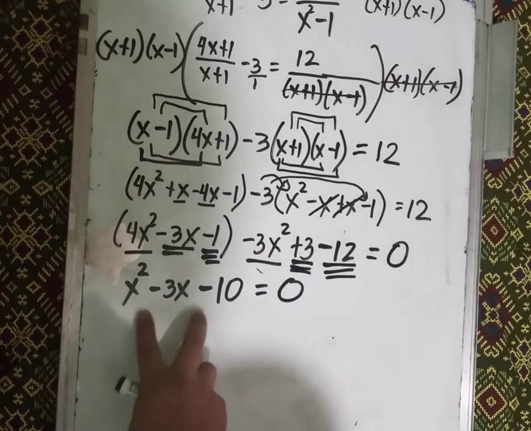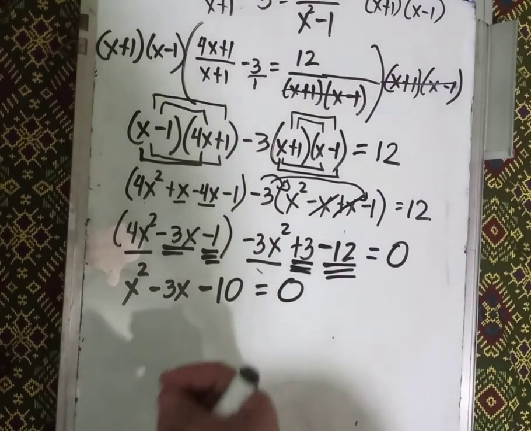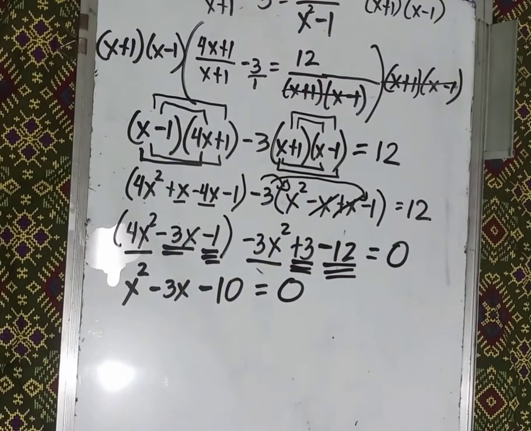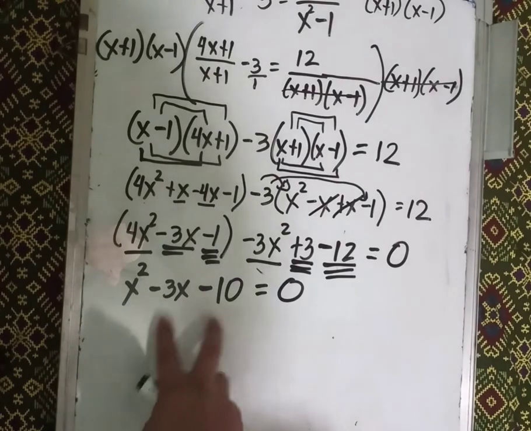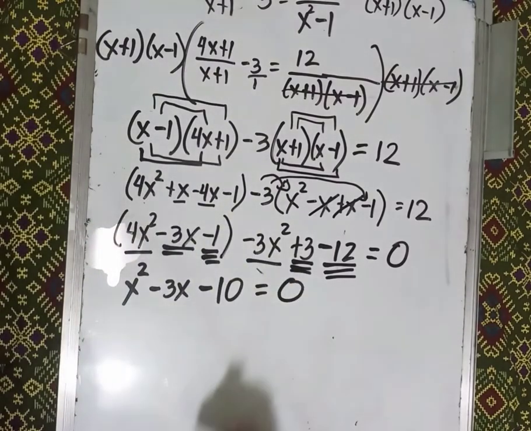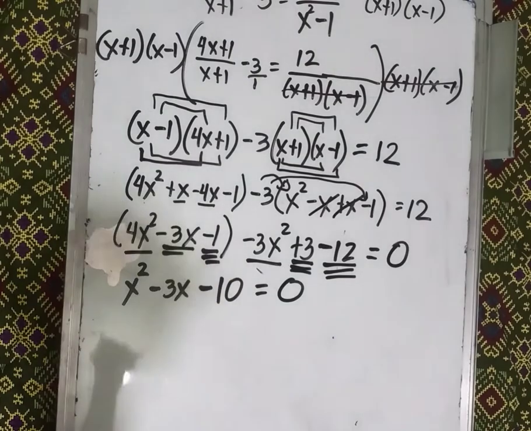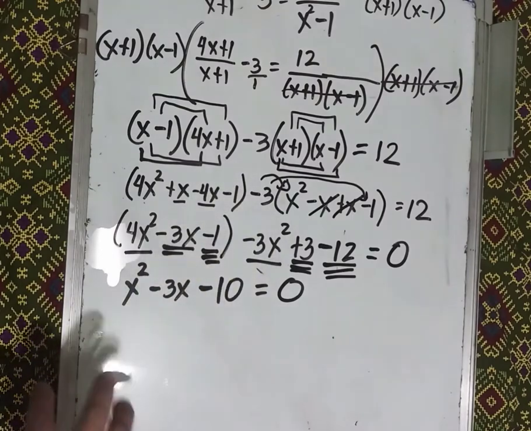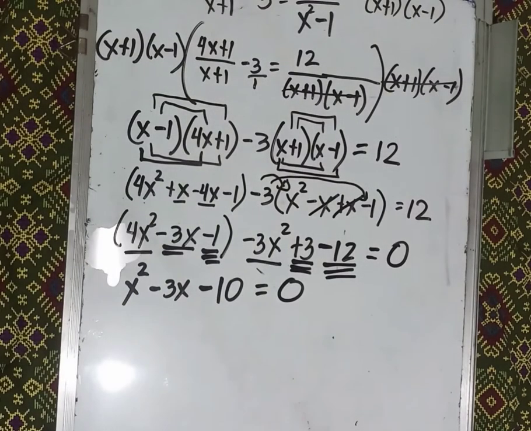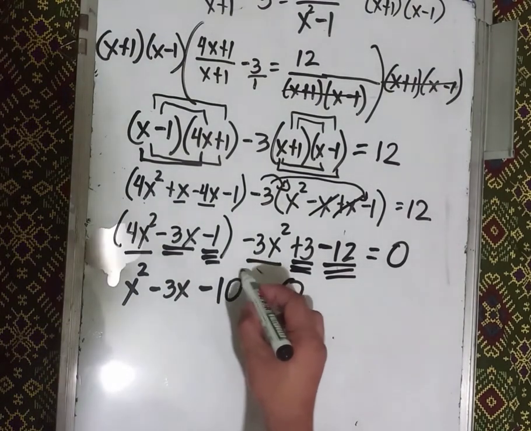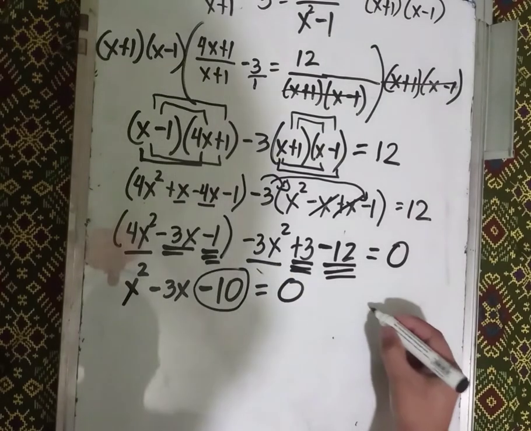Ito, quadratic equation ito. How to find the value of x? So to find the value of x, tingnan natin ang equation natin, that is quadratic equation. How to find the value of a quadratic equation? You can use the quadratic formula, or you need to find the factor of this equation. So, tingnan natin. Negative 10.